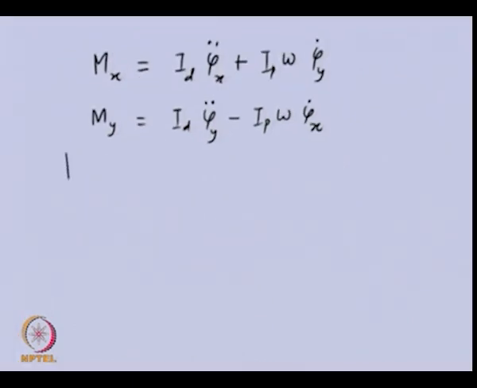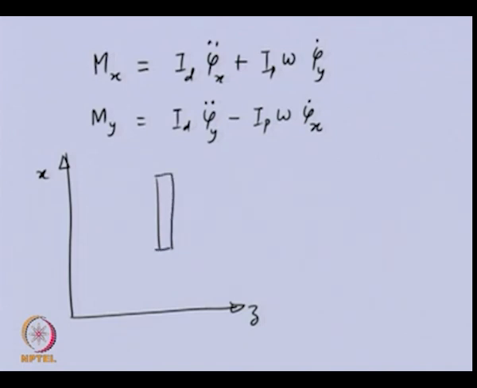So I am drawing the free body diagram of the disc in the zx plane. So, this is the disc, this is the x displacement of the disc, the translatory displacement. Apart from that, it is tilting in the positive y direction, that is phi y.